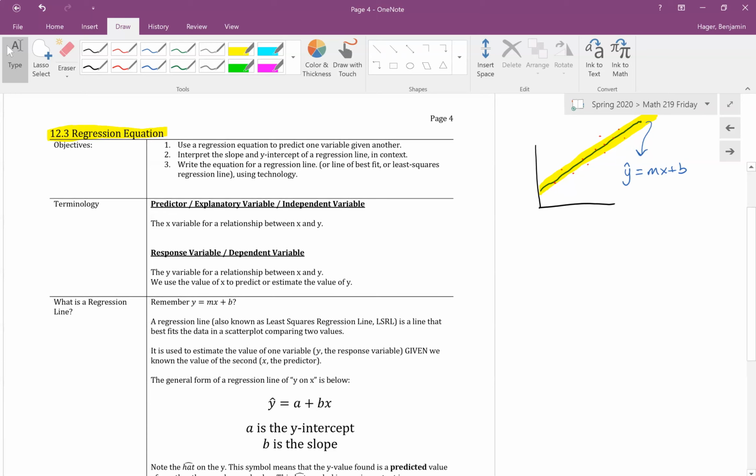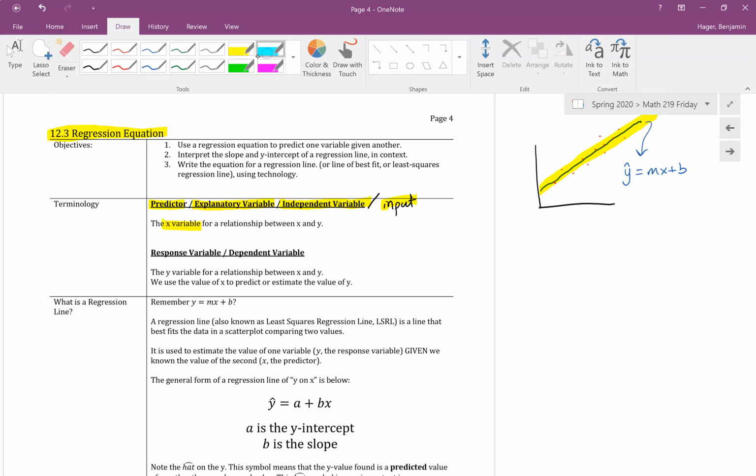Okay, so let's just get a little bit of terminology out of the way. So first of all, our x value. Our x variable can go by many names. The predictor, the explanatory variable, the independent variable. Sometimes you hear people call it input if they're talking about function notation. So all of those things are referring to the x value, or the input of your equation or your function.